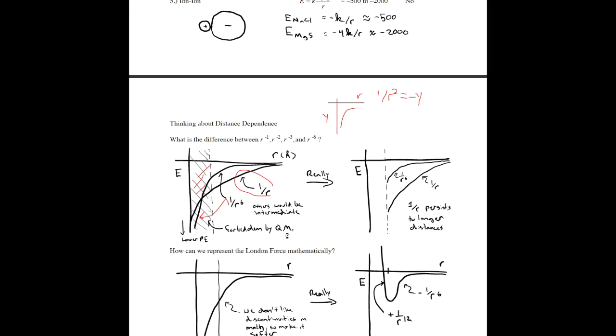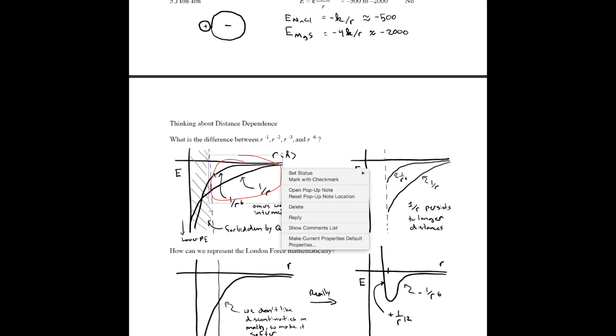Okay, so in other words, when you look at these plots that are sketched out here for you, you should only look at this part. The part that's shaded here is forbidden. So only look at this part. And what you can see is that the energy for 1 over r is lower than for 1 over r to the 6th.